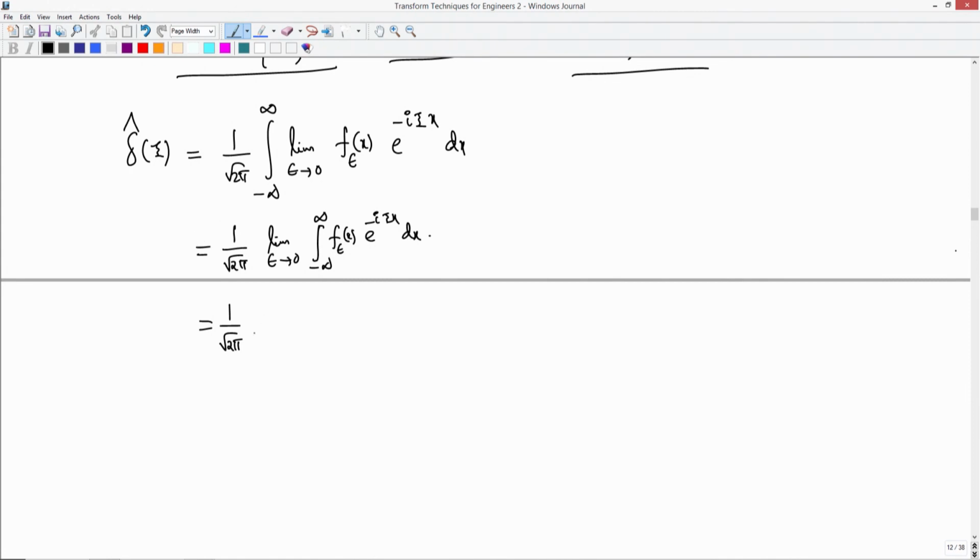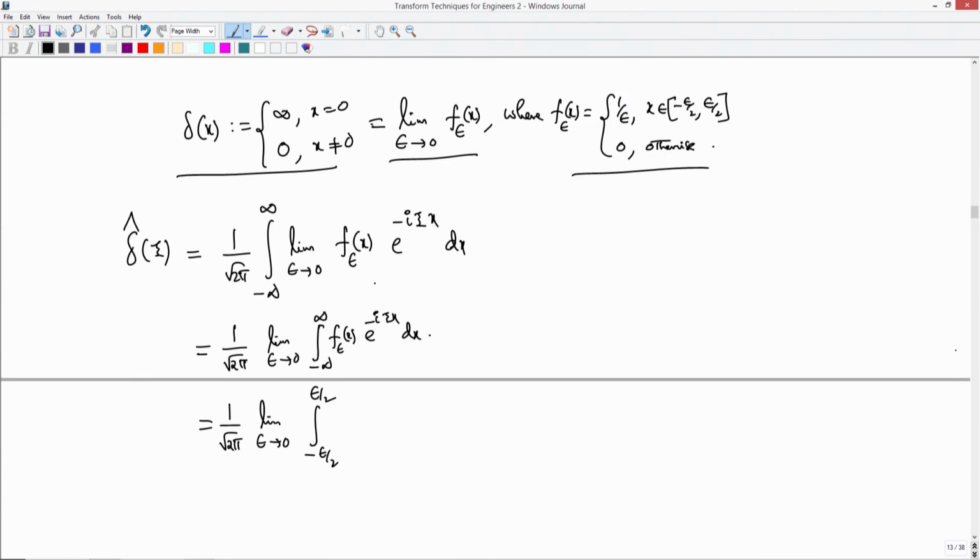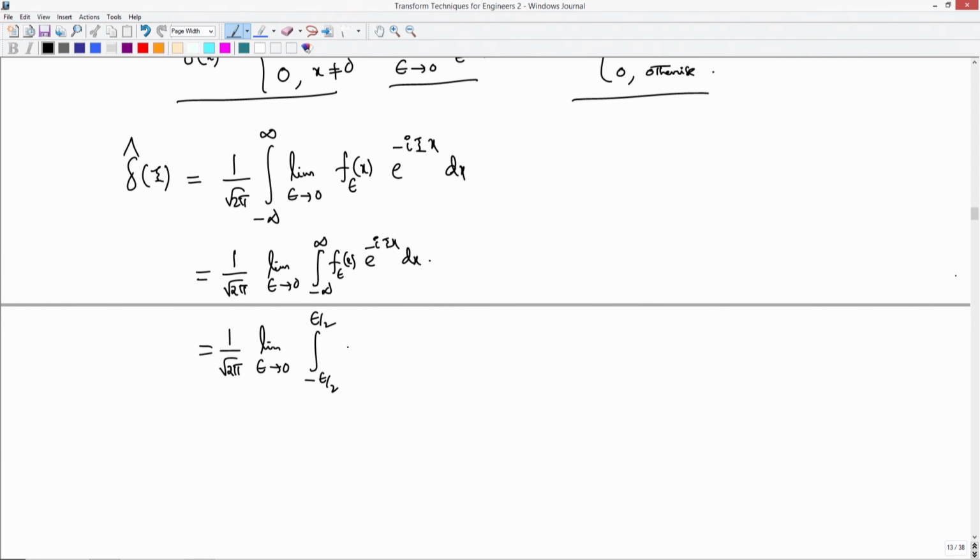So 1 by root 2 pi, and then you have the limit epsilon goes to 0, and this you try to expand. This is given as the integral from minus epsilon by 2 to epsilon by 2, where f epsilon is 1 by epsilon. So 1 by epsilon comes out, e power minus I xi x dx.